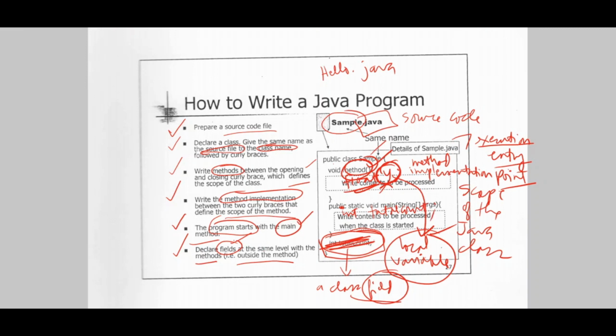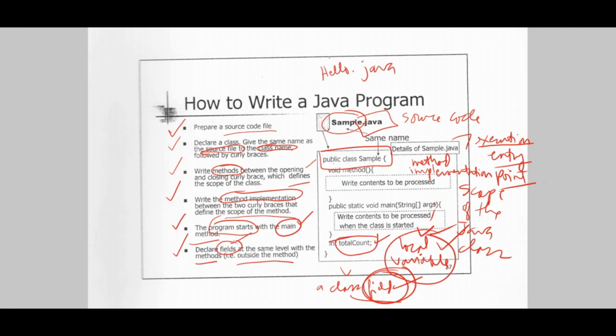So total count is declared not in here, but inside the main method. If total count is declared inside the main method, then we don't call it a field. We call total count a local variable of the method main. Again, a variable like total count is called a field if it is declared inside a Java class but outside the methods.